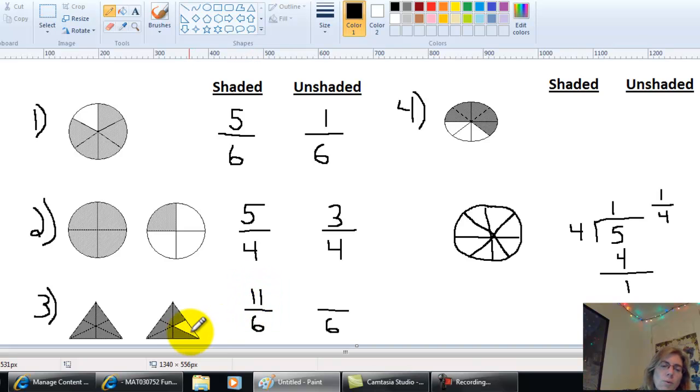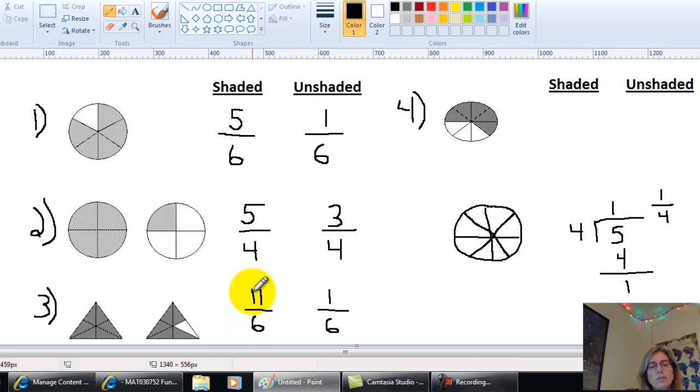Only one piece here has been removed. So that's the unshaded portion. 1/6, this little teeny chip, which is less than 1, has been taken out. 11 pieces that are the size of 1/6 are left behind.